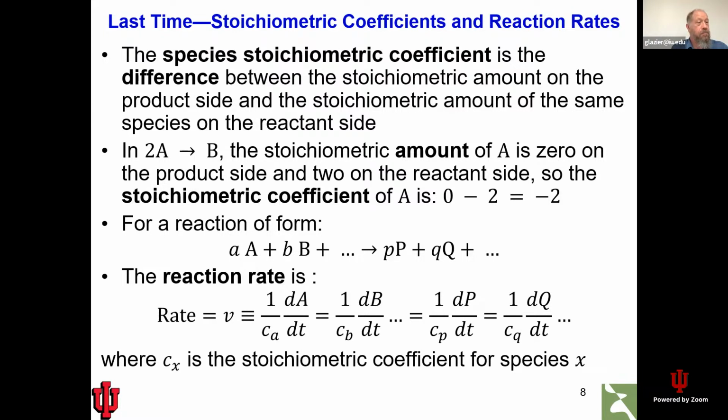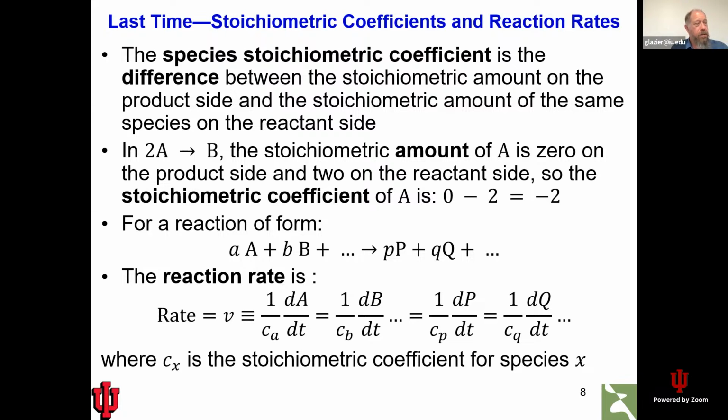The first thing to remember is that the left-hand side of your chemical reaction is the negative side, and the right-hand side is positive. So going from left to right, you lose on the left and you gain on the right.